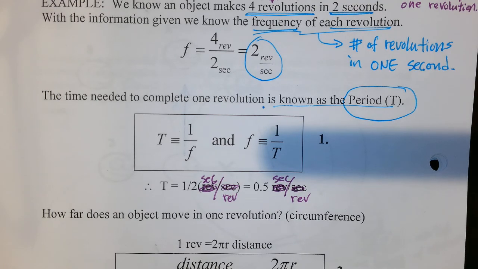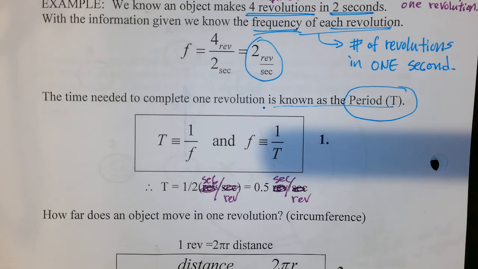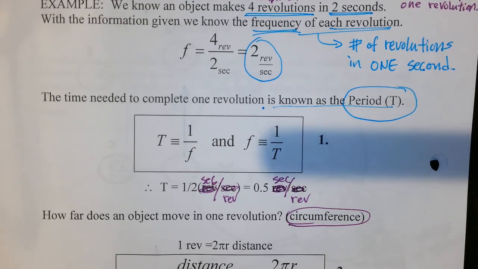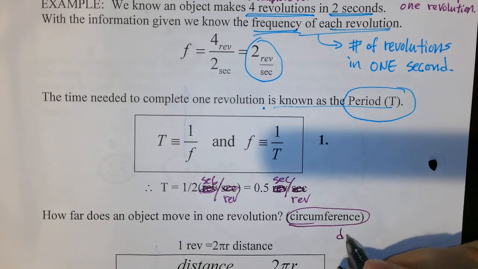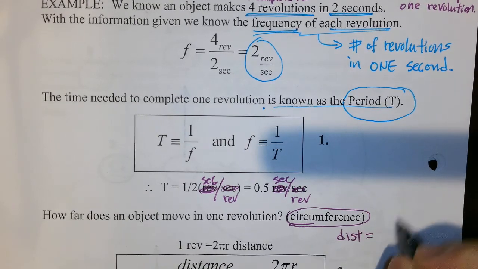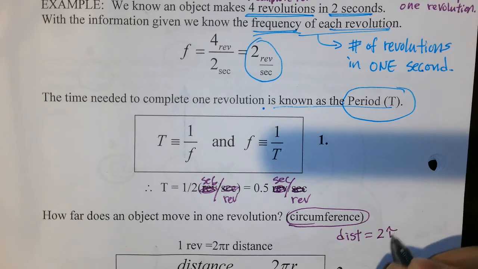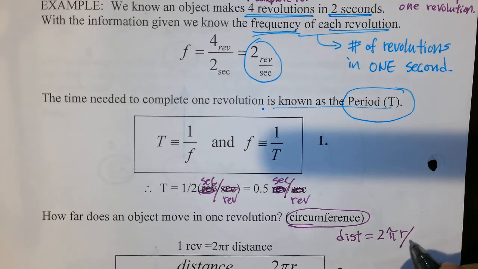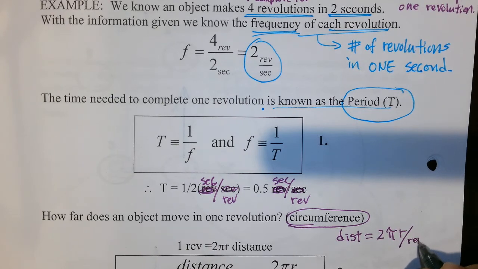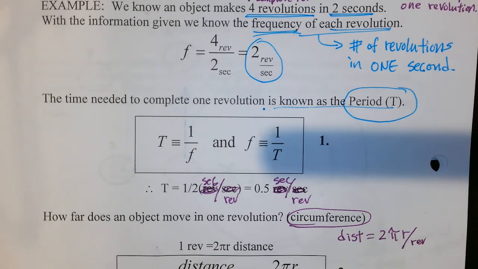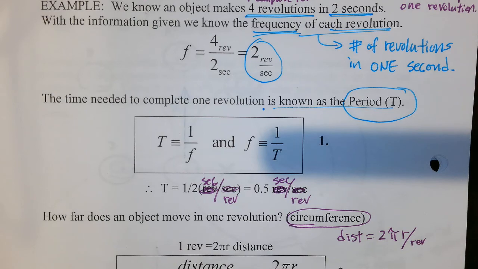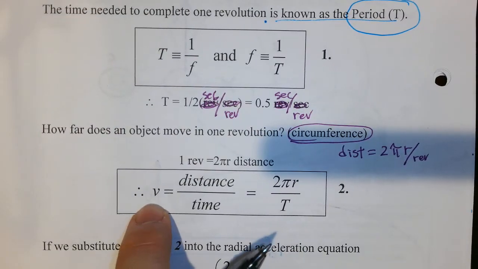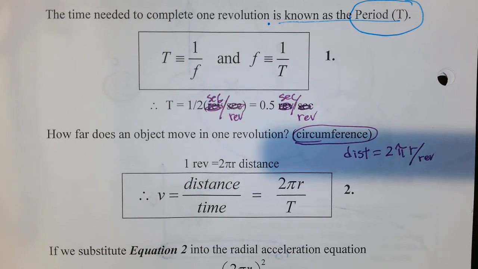So, how far does an object move in one revolution? The distance that an object travels in one revolution is called the circumference, which is 2 pi r per revolution. If I want to find out exactly how fast it's traveling, all I have to do is find the speed, and that's distance divided by time.